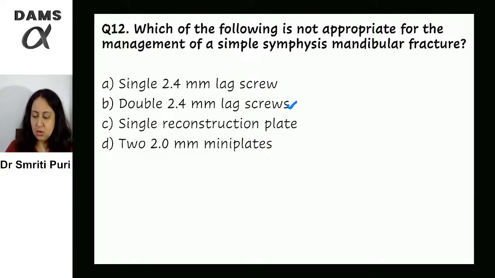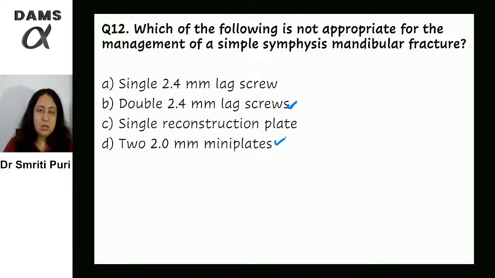Yes, you can use a double 2.4 mm lag screw. Single reconstruction plate. Okay, let's keep this aside. Now D, 2 mm mini plates. Yes, we can use this. Now the confusion persists between A and C.